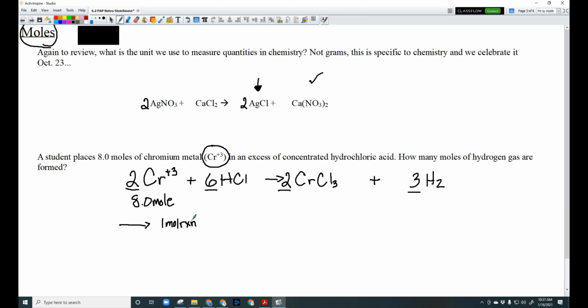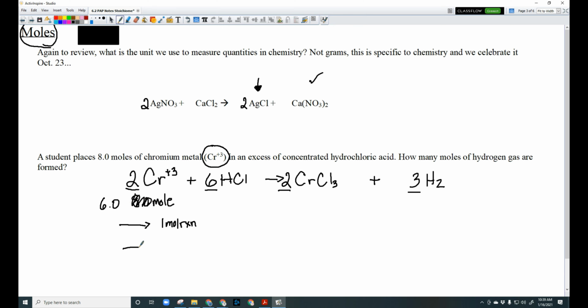So if we use 2 moles, that leaves 6 moles, right? Every time I go through this reaction, I use 2 moles of the 8. So if I use 2 moles of it, I have 6 moles left over.